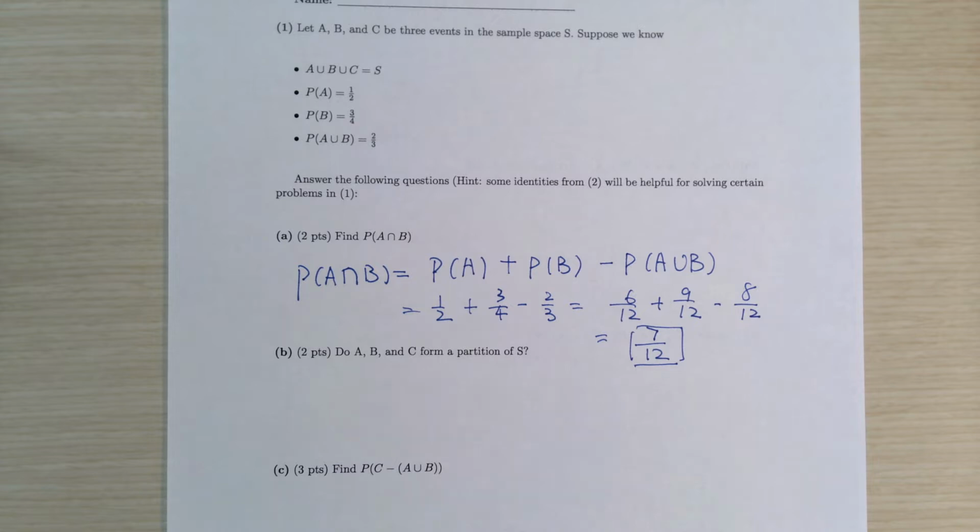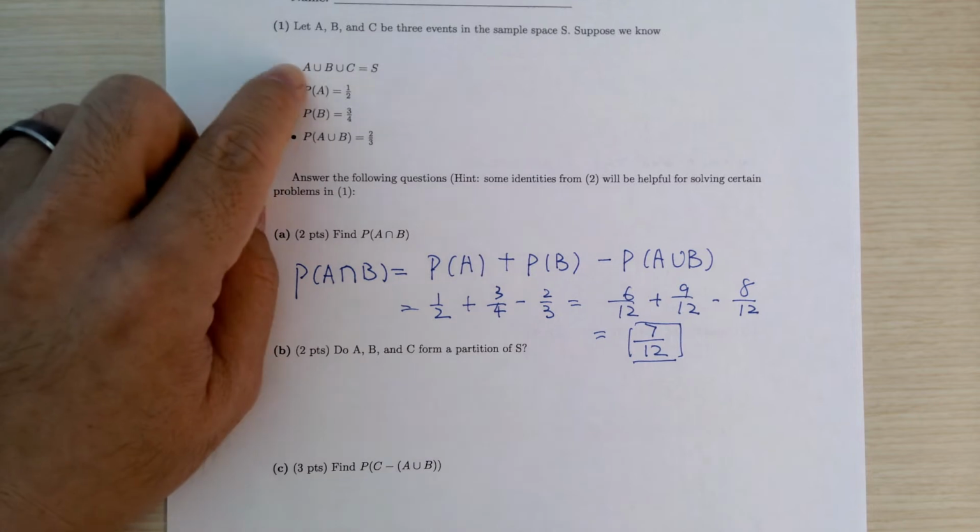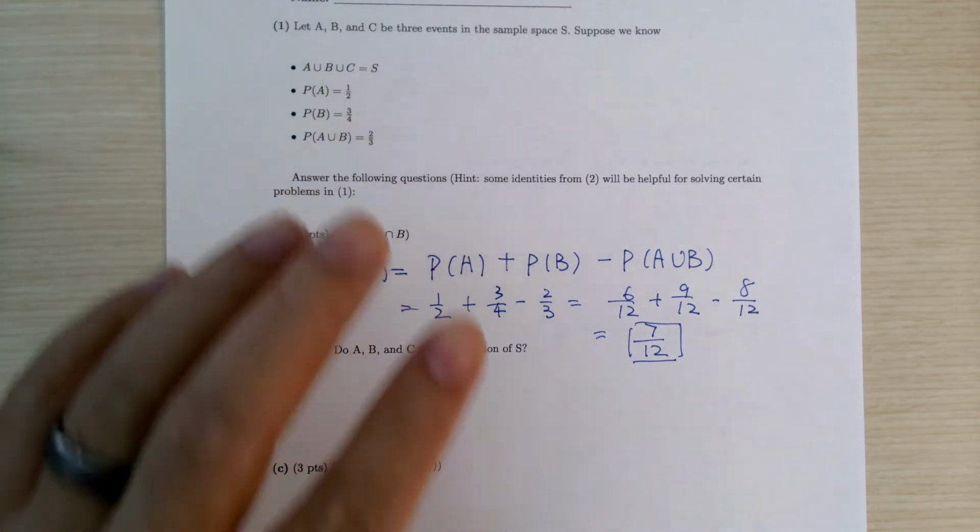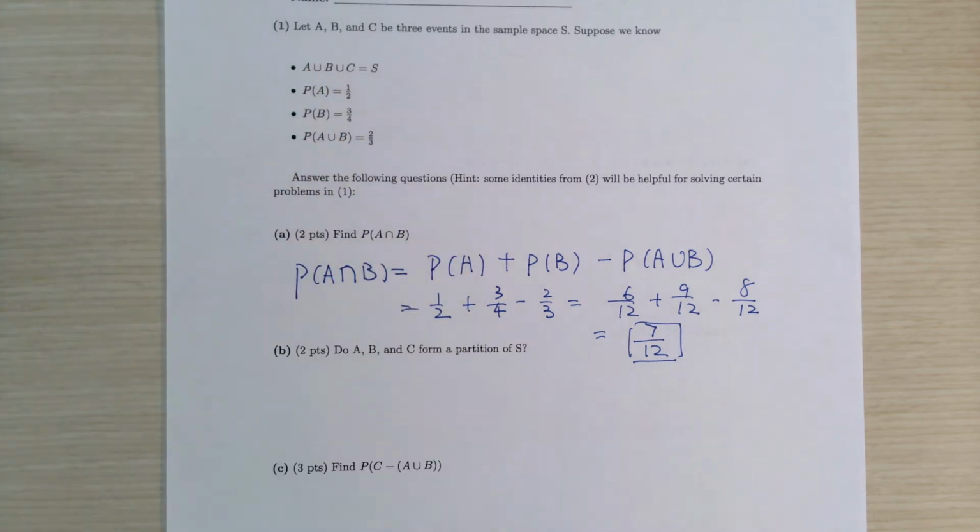Do A, B, C form a partition of S? Talking about the partition of a set, you have to satisfy two conditions. First of all, the union of those sets is going to be the sample space S. But meanwhile, all the sets are pairwise disjoint.